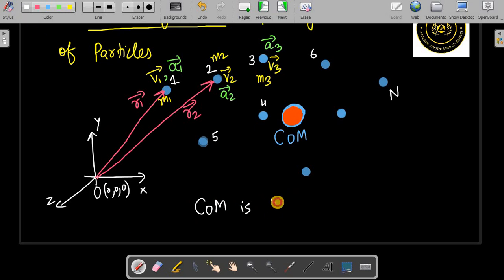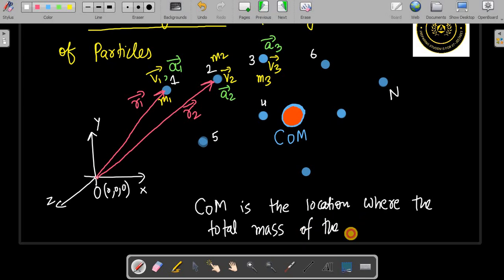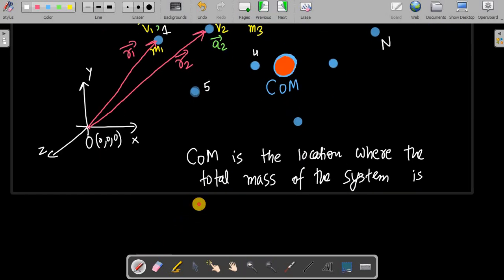You can say it is the location where the total mass of the system is supposed to be present.